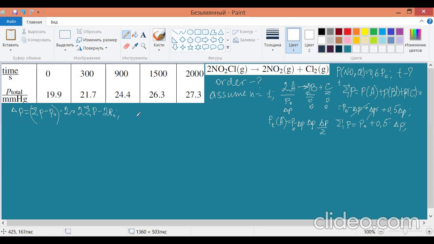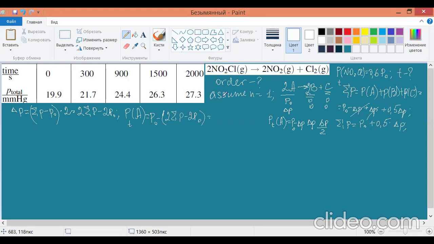But we are working with the reagent A. At any time t, the partial pressure of the reagent A is equal to P0 minus delta P. And so for delta P, we plug in this expression, minus the double sigma P minus double P0.